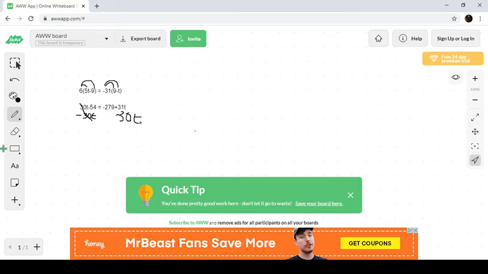So that cancels on this side, leaving me with just the negative 54. And then on this side, I still have that negative 279. Nothing's happened to it. But here I've got 31t minus 30t, so that leaves me with a single t.